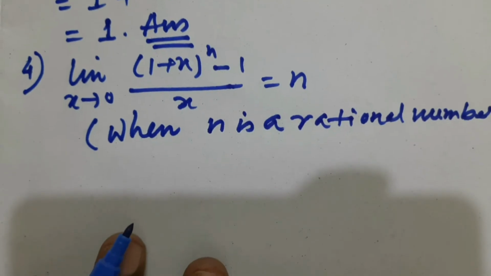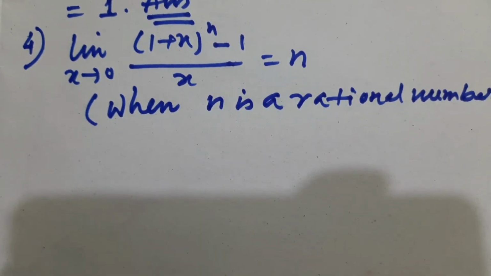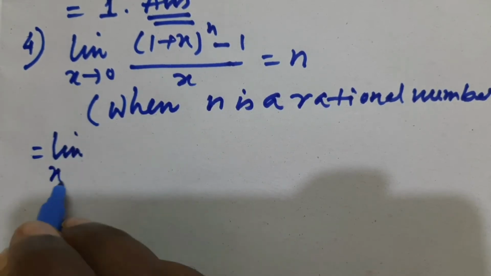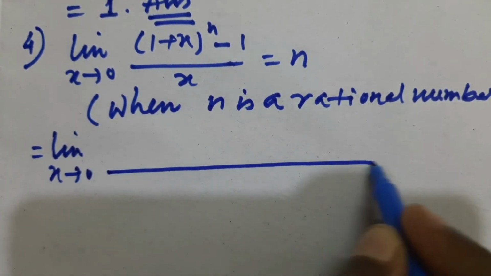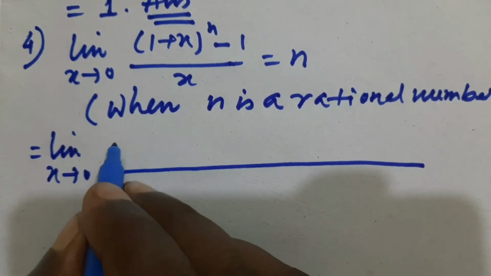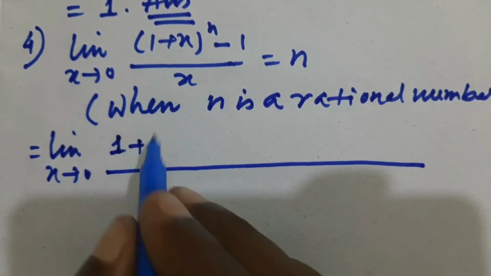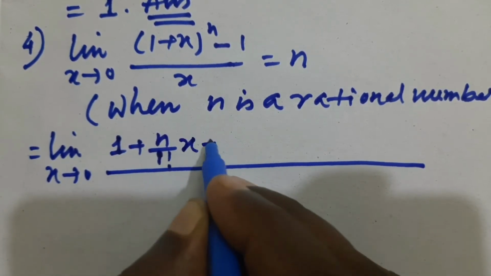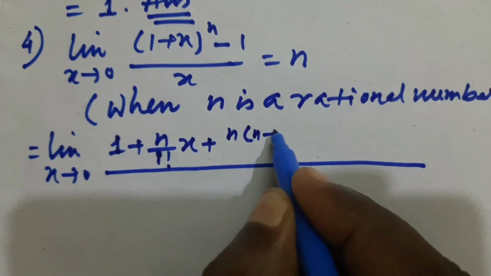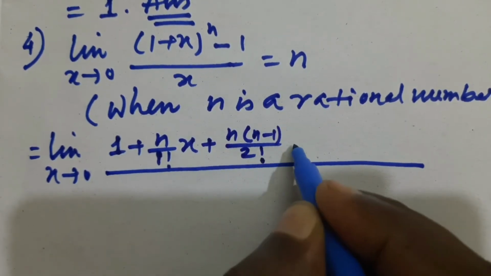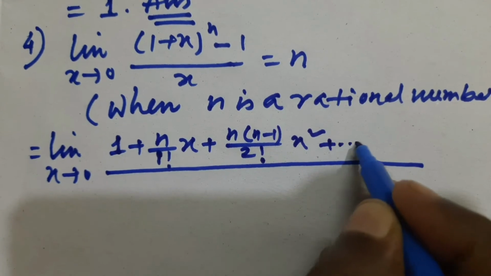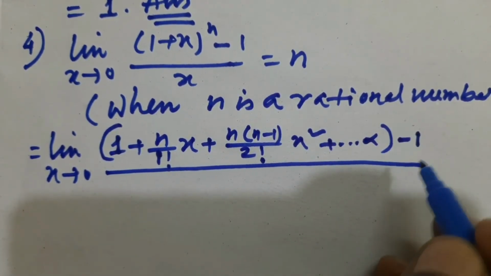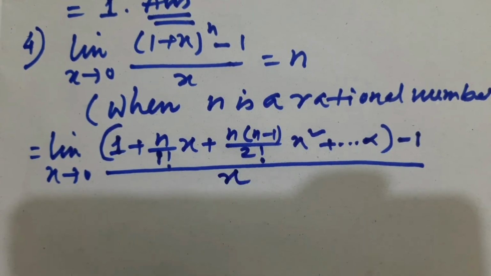Okay, now we use the binomial theorem. If we expand this, here 1, nC1, actually n by factorial 1 into x, n into n minus 1 by factorial 2 into x square, dot dot to infinity, and this is minus 1 by x.